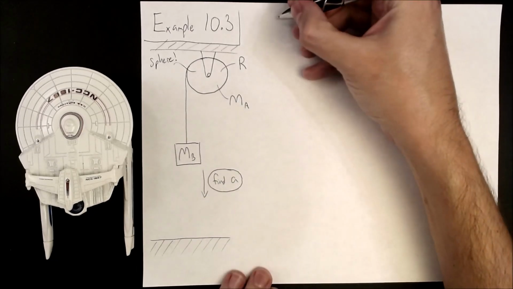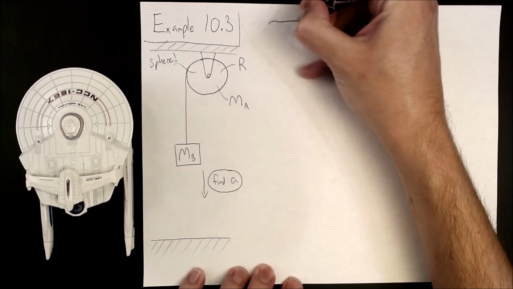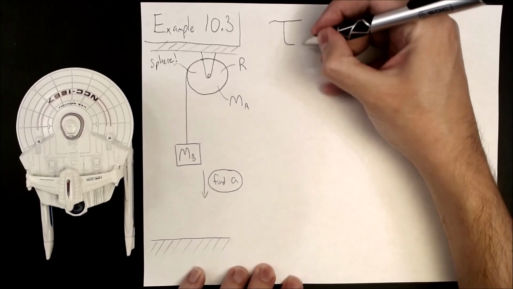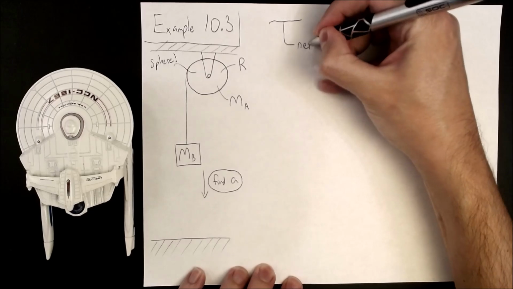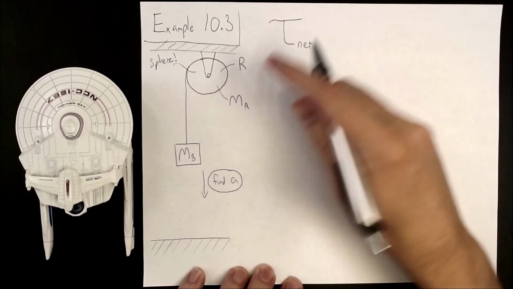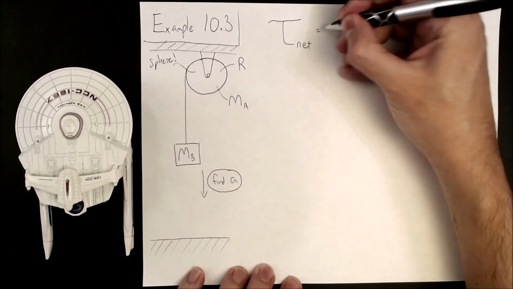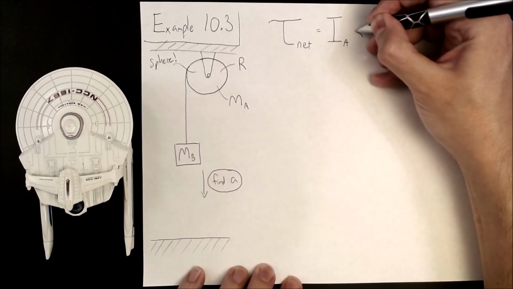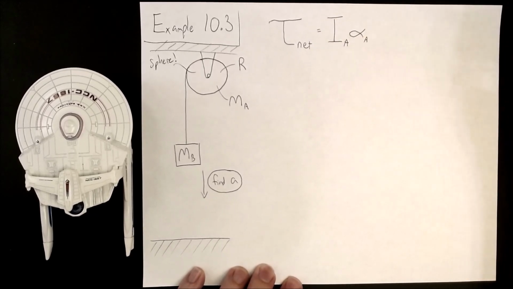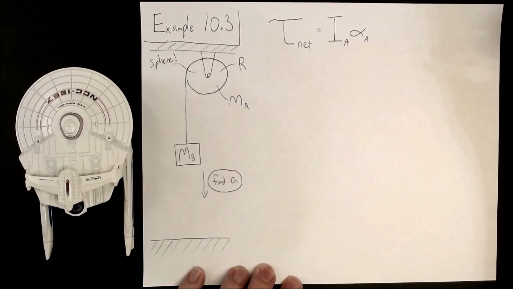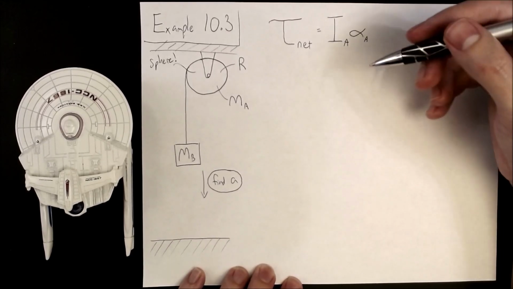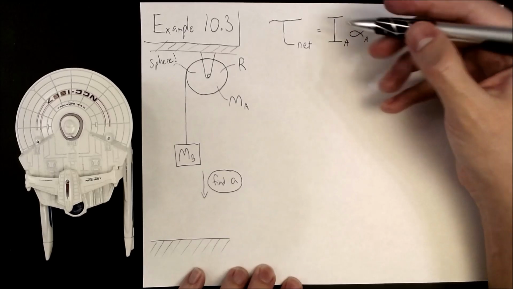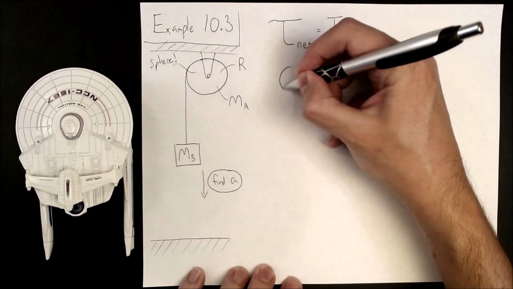So let's get started. The net torque on A is going to be the moment of inertia of A times the alpha of A. We've never made torque diagrams before, but let's make a quick torque diagram.